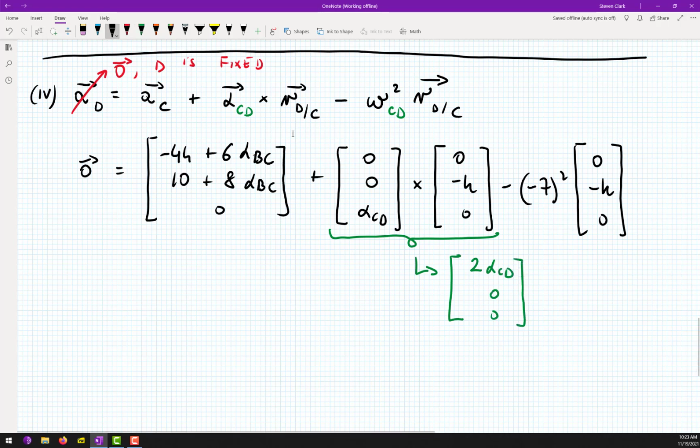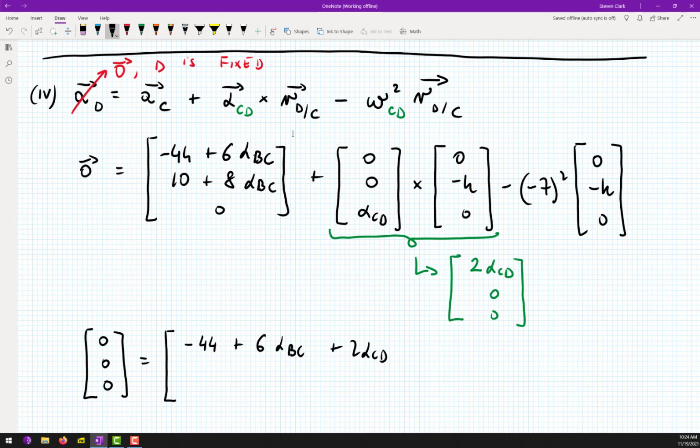If we put together our expression, we end up with 0, 0, 0 equal to minus 44 plus 6 alpha BC plus 2 alpha CD, 10 plus 8 alpha BC, plus 98. We can simplify our expression.